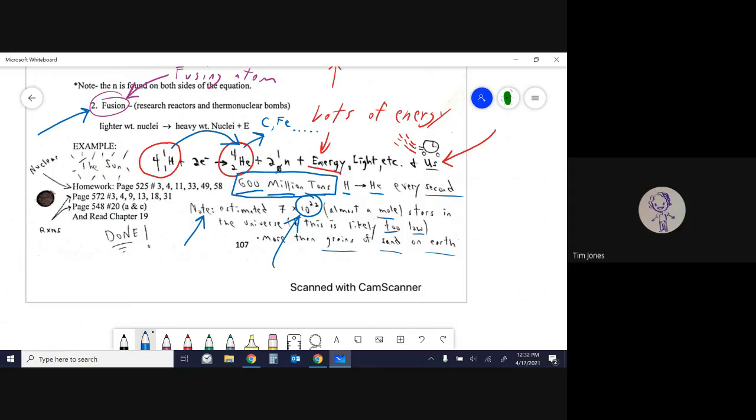It's way too big of a number. So that's just pretty mind-boggling how many stars are out there. And just our one star is undergoing this crazy reaction called nuclear fusion.